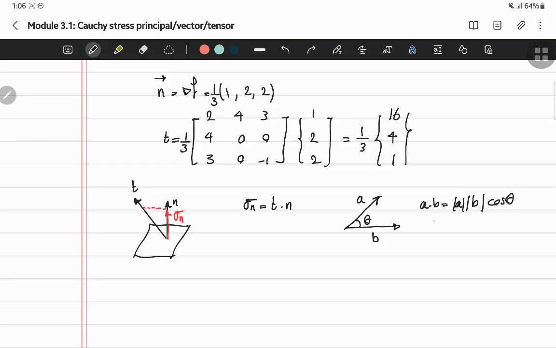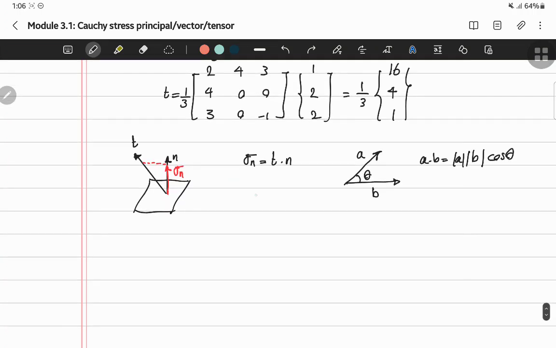And this actually comes from here. If I rewrite this, t dot n is equal to n dot t, where this t is tn. So you see that you get the normal stress. This is basically tnn, where we call this sigma n.